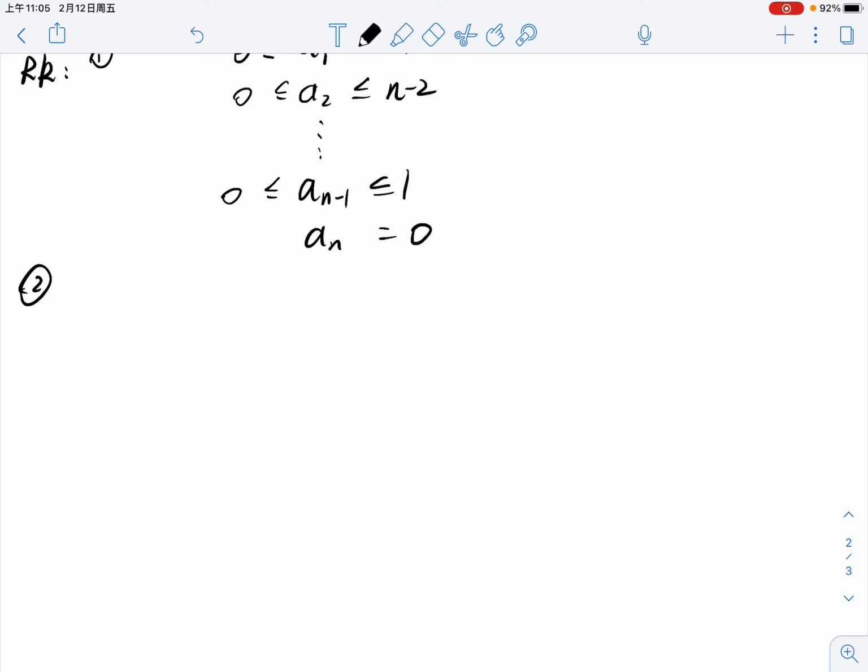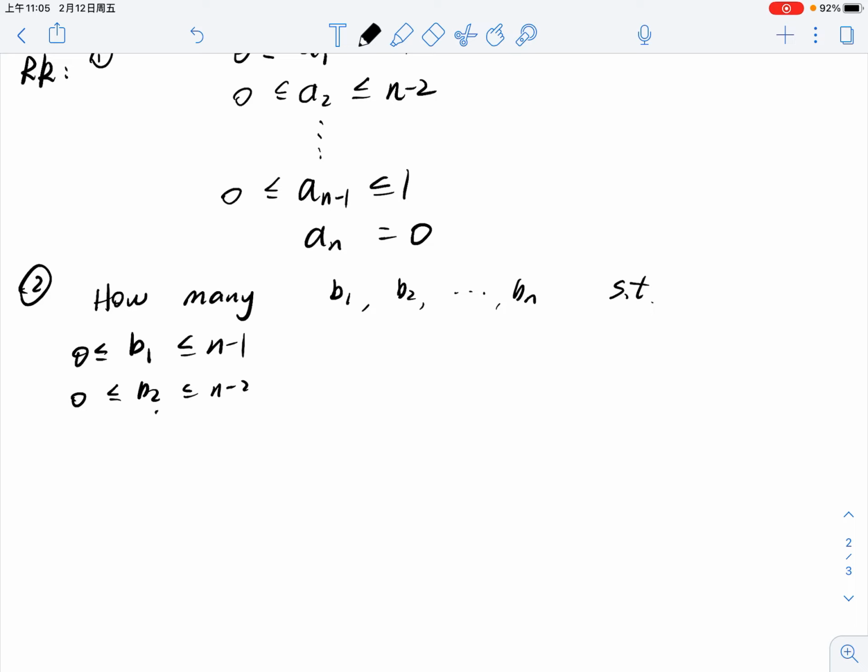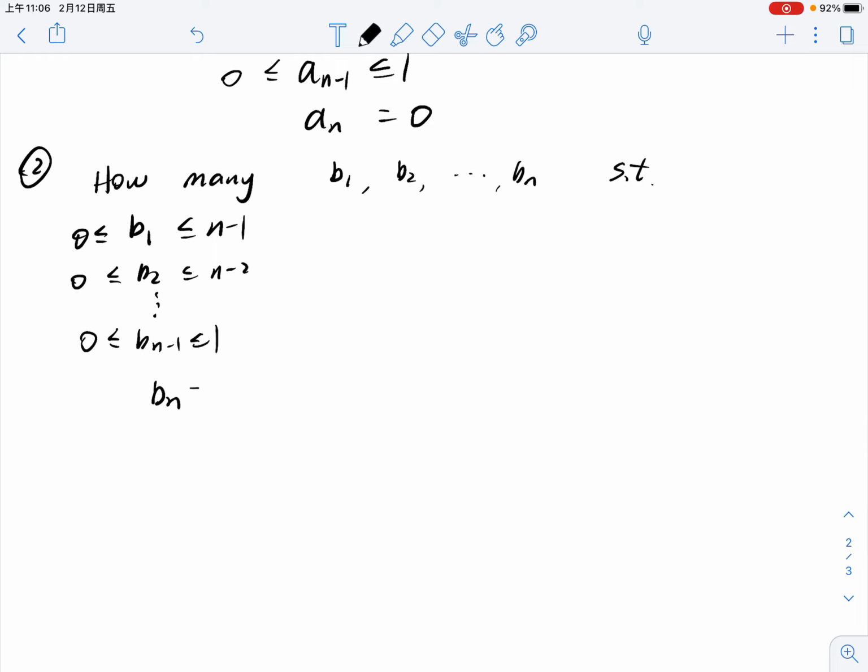And secondly, we can look at the following sequences of integers: how many sequences b1, b2, all the way to bn are there such that b1 is between 0 and n minus 1, b2 is between 0 and n minus 2, b n minus 1 is between 0 and 1, and bn is 0?